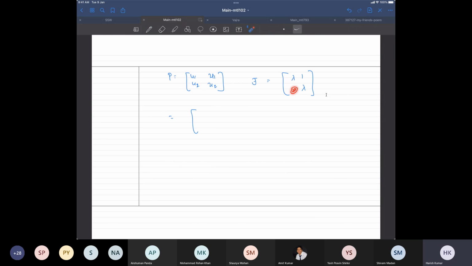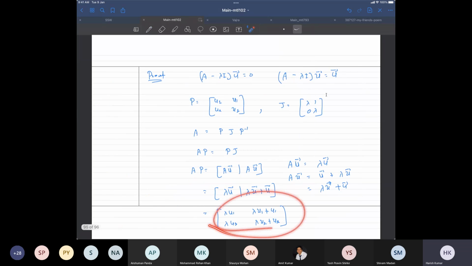This is 0, so only in the first column you will get lambda U1, lambda U2. When you multiply this with this, you see this is 1, so you get U1 here. So you get lambda V1 plus U1 and lambda V2 plus U2. And clearly this matrix is the same as this matrix.